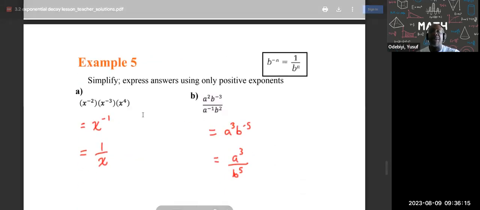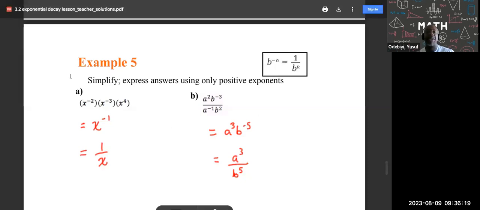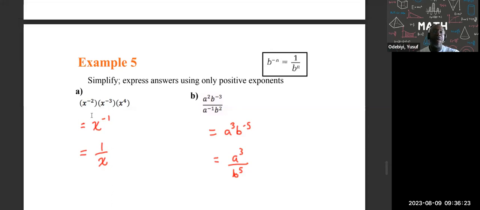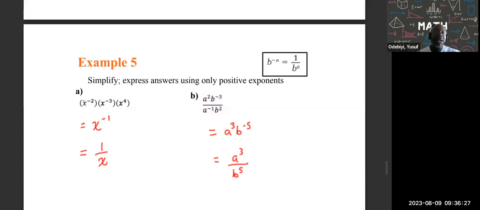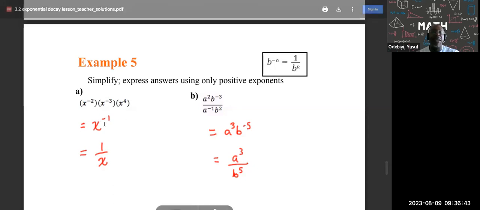Here's a little bit of review of exponents, because you will be doing questions with exponents like this. Remember the laws of exponents. If I'm multiplying and the bases are all the same, I just add the exponents. So here I'm adding -2 and -3 and then +4. -2 plus -3 is -5, plus 4 is -1.